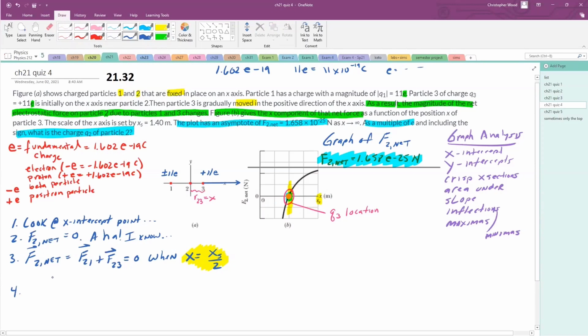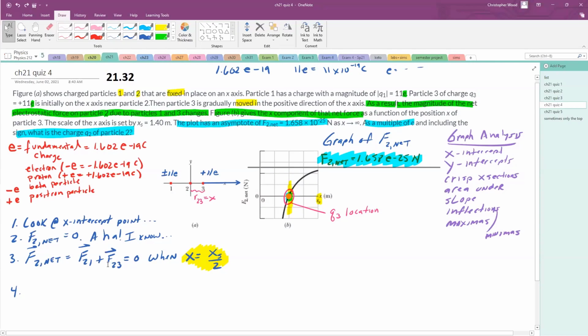So, all right, here's the net force. Here's F21. Here's how I'm going to write F21. K, follow the subscripts, Q2, Q1 all over R21 squared plus K. Actually, I better do it like this. Let me back up just a bit.